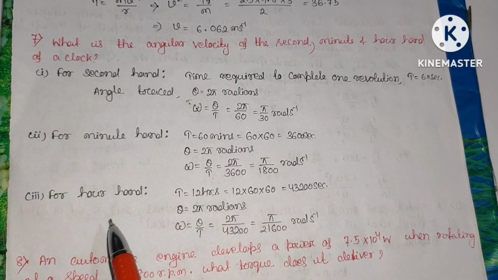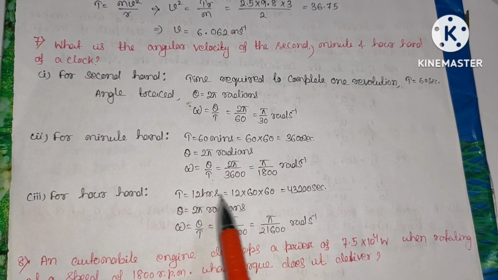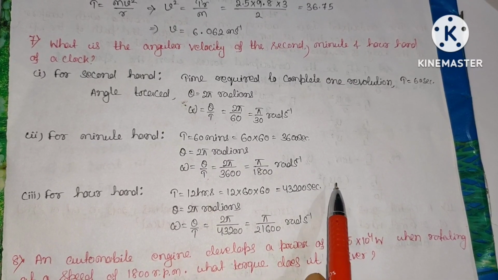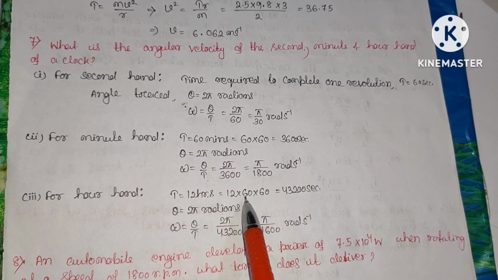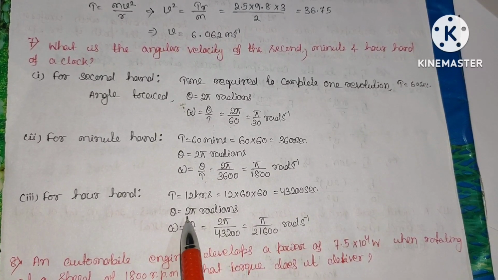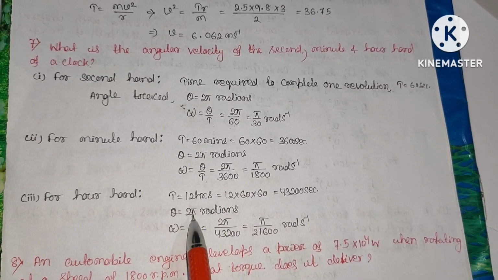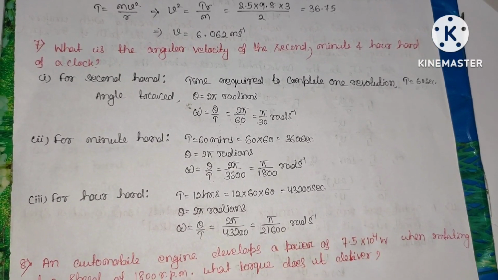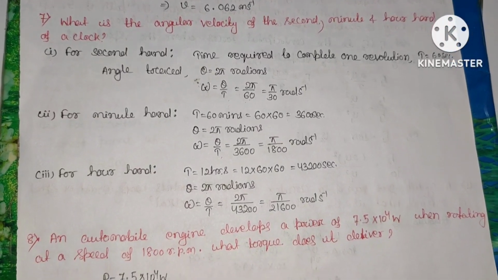Similarly, for the hour hand, t equal to 12 hours. So these 12 hours become 43200 seconds, that is 12 into 60 minutes into 60 seconds. Similarly, omega equal to theta by t. Theta is 2 pi radian, so 2 pi divided by this one. This is our answer. Okay.